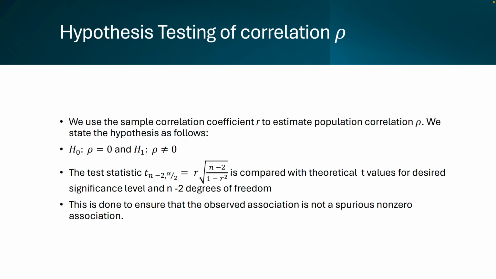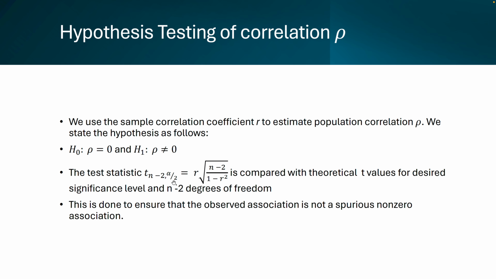From the sample data, the correlation that we compute is indicated by r, and we are trying to estimate the correlation coefficient for the population. So we use the test statistic t with n minus 2 degrees of freedom, because there are two variables here, so we subtract 2 instead of 1 as in the one variable case.